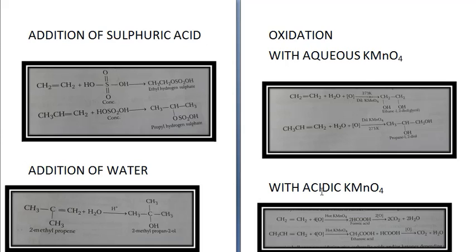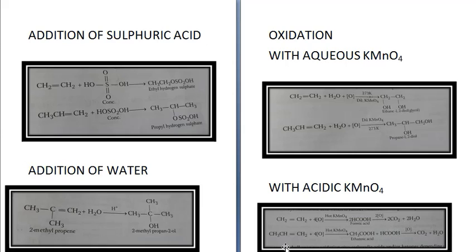So CH2=CH2 plus 4 nascent oxygen in the presence of hot KMnO4 gives you 2 HCOOH, formic acid, which again under oxidation with 2 nascent oxygen gives you 2 CO2 plus 2 H2O.